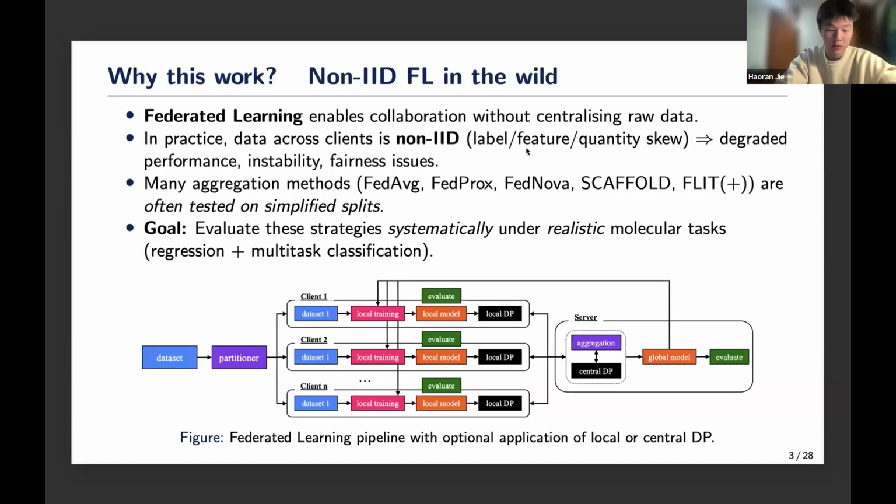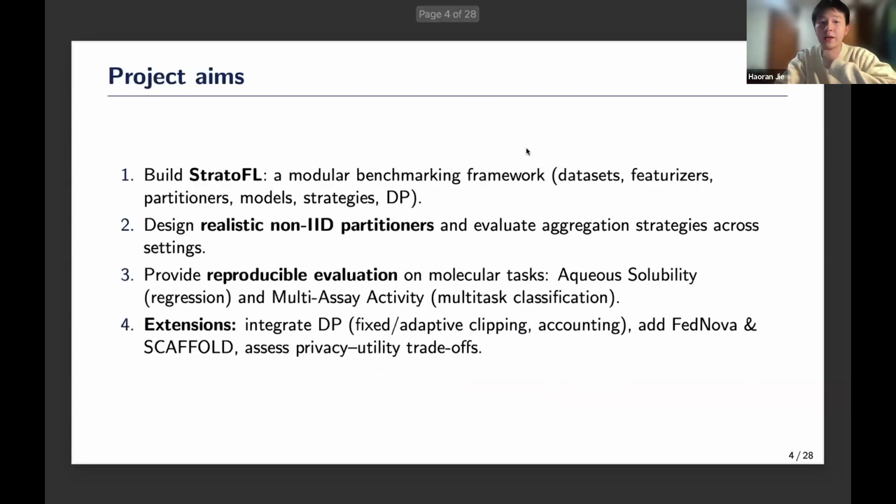So the central question is how the existing aggregation strategies perform under realistic non-IID molecular data, and how we can systematically benchmark them. The figure shows a simple view of the overall federated learning pipeline.